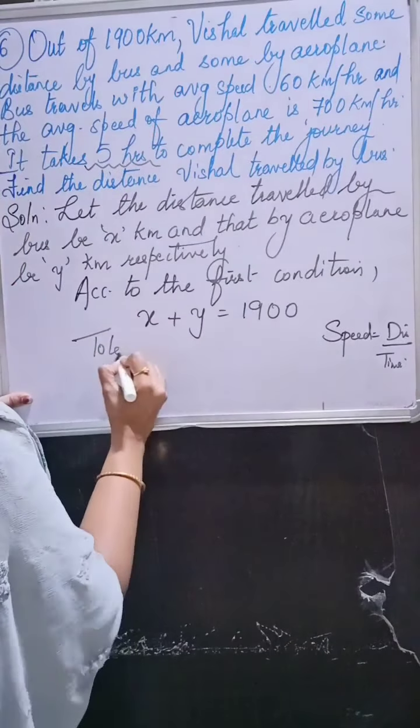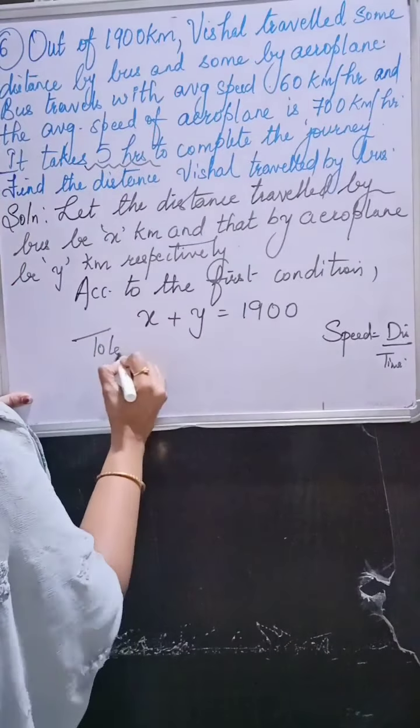And please write down the formula that we are going to use. Speed is equal to distance upon time. Let us find out the time taken by bus and the time taken by aeroplane. Do you know the speed of bus? So I'll make two columns.